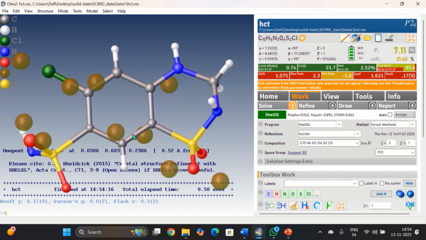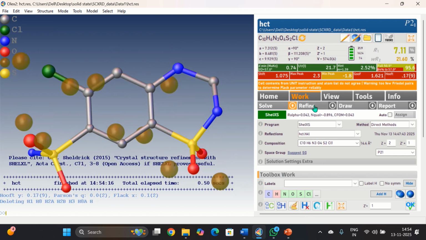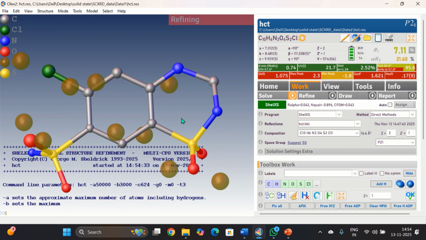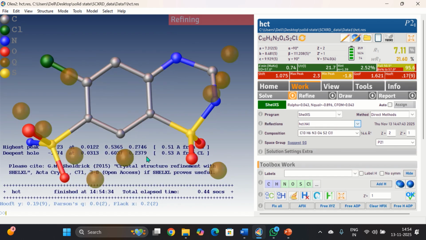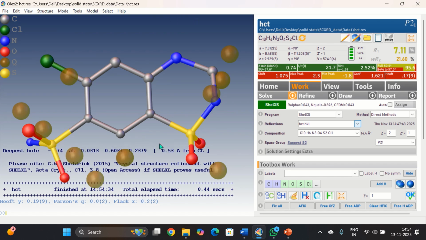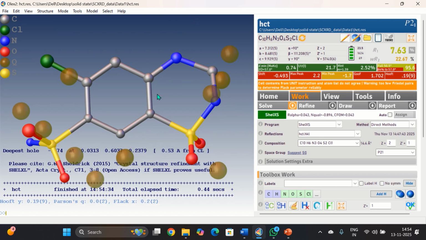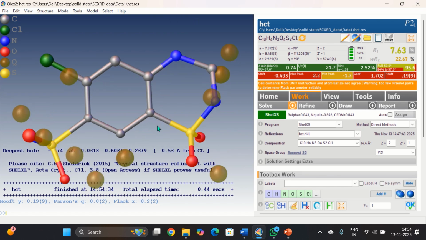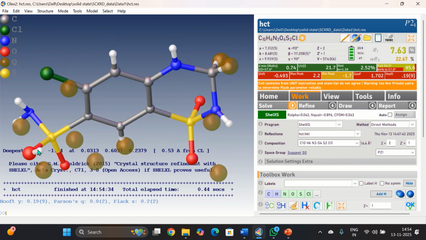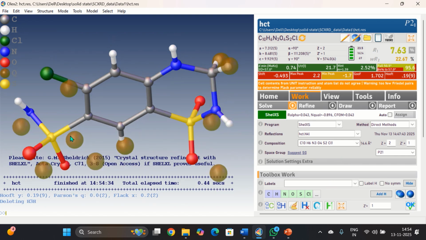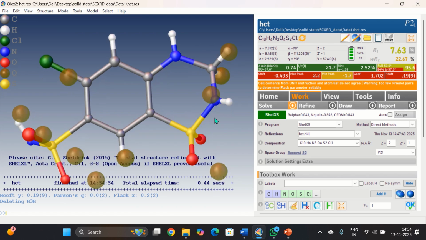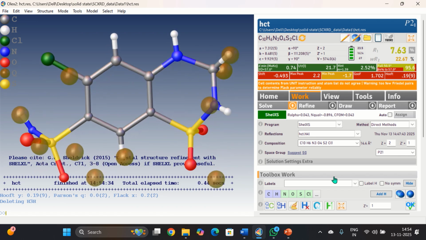with a good R value, but we'll just remove the hydrogen, refine it again, and then add hydrogen, removing a hydrogen from here, and making the atoms ellipsoids.